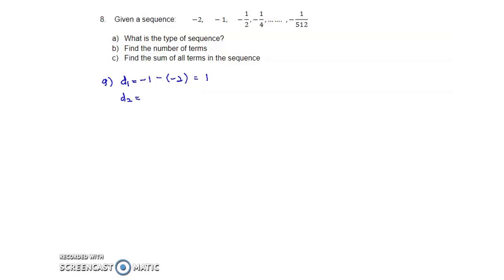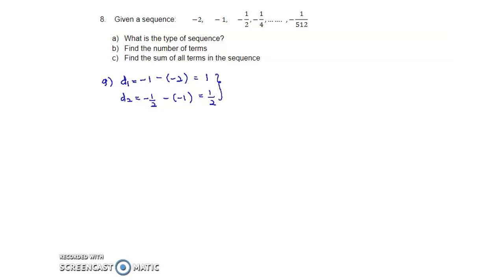We use T3 minus T2: negative 1/2 minus negative 1. Negative, negative, positive, so negative half plus 1 is half.